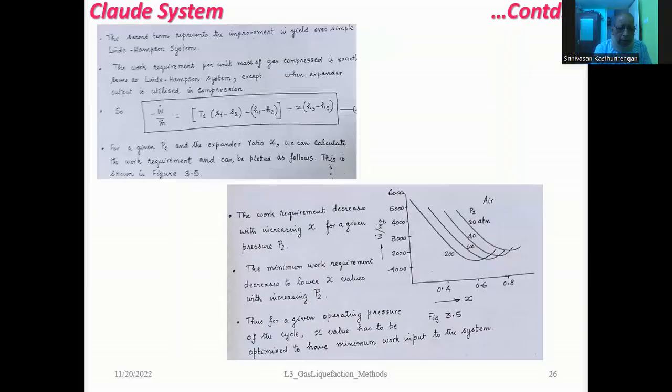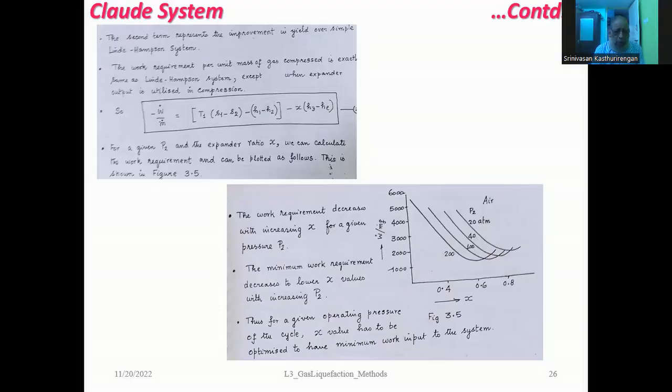So you can write W dot by M dot is equal to T1 into S1 minus S2, minus H1 minus H2, and minus X into H3 minus HE. We are assuming the work output from the expansion engine is being utilized for compressing a part of the gas which is present.